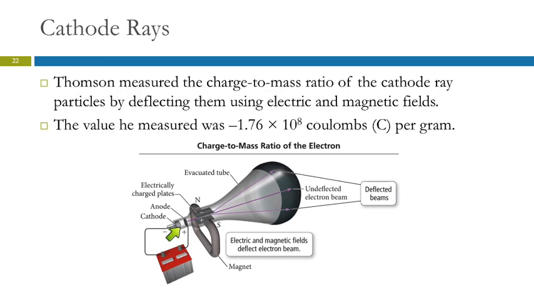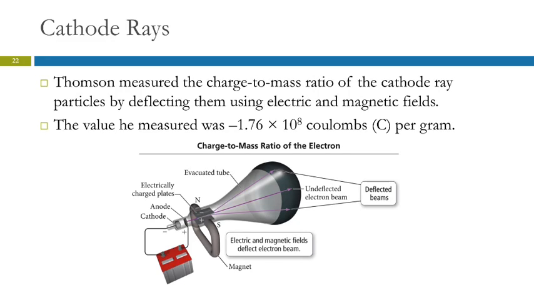And so the beam is attracted to the anode, but then it keeps going through the hole in the middle. So he's shooting this cathode ray, and then he's got a magnet here, and he's got electrically charged plates. And so because they have a charge, he can deflect them using the electrical charge, the electric field. And the magnetic field will also deflect them.